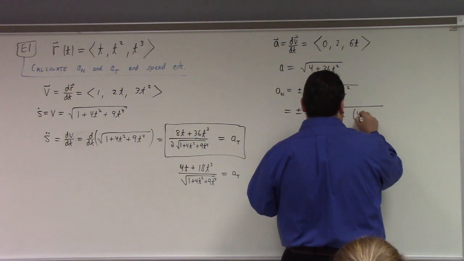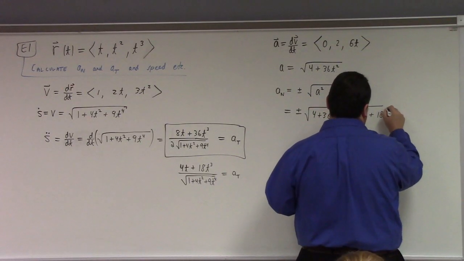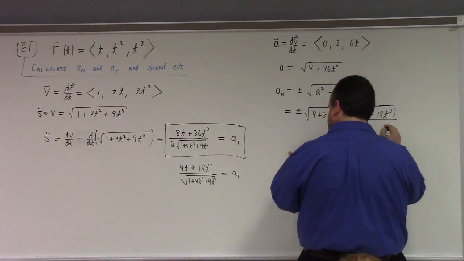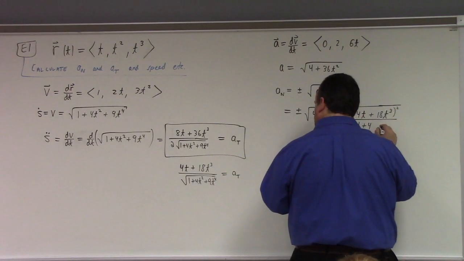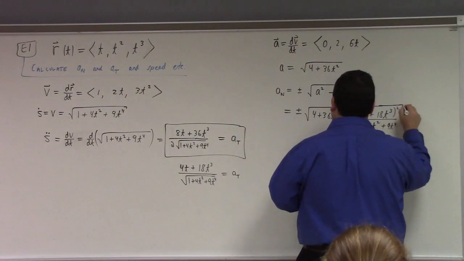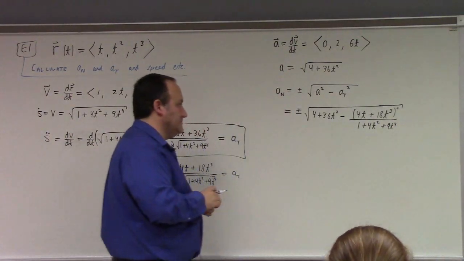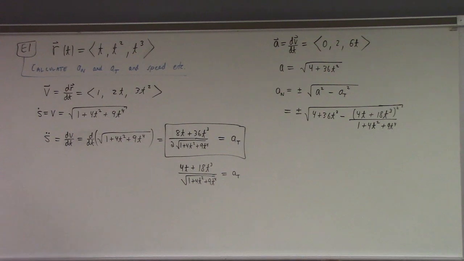So I've got parentheses 4t plus 18t cubed, divided by 1 plus 4t squared plus 9t to the 4th, squared, like so. There you go, that's the normal component. Now, of course, I don't know plus or minus. We'd have to do more to sort that out. Maybe that's the problem.